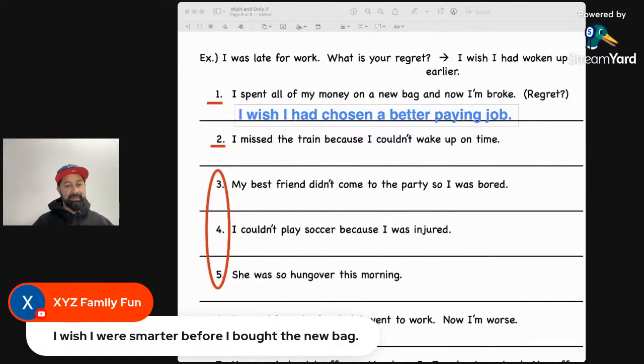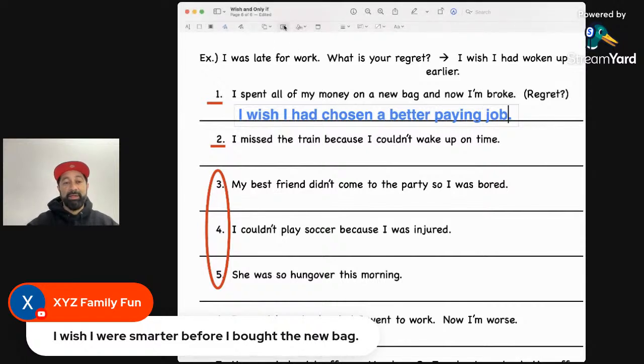I want it to be different. Then that's correct. If you want to talk about only during that decision, I decided to buy the bag, so that decision was not smart. So if you're only talking about one decision, one point, then the sentence is going to be a little bit different, XYZ.